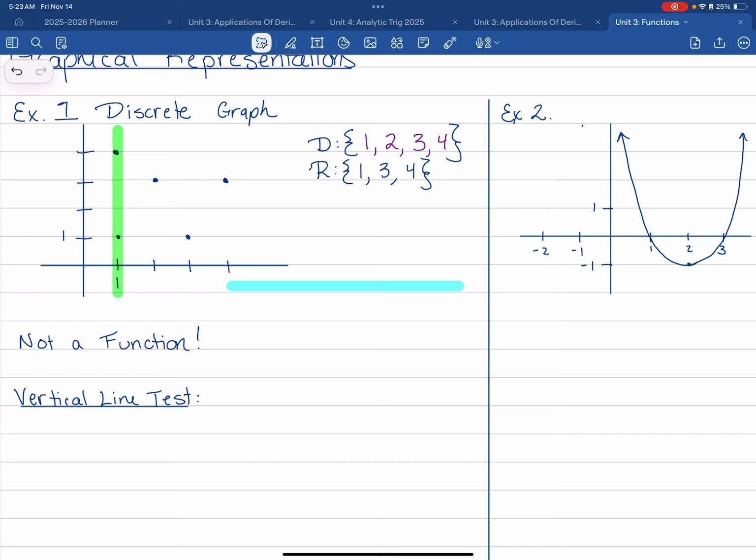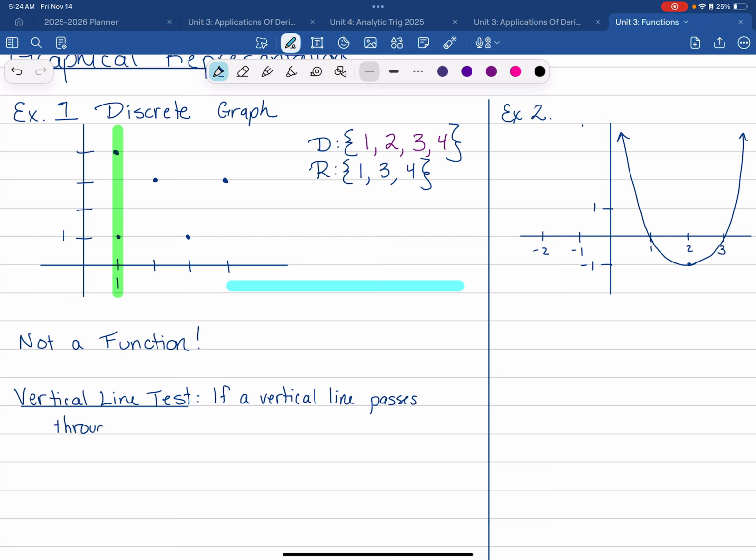So our vertical line test simply says that if a vertical line passes through more than one output for a given input, then the graph is not a function.